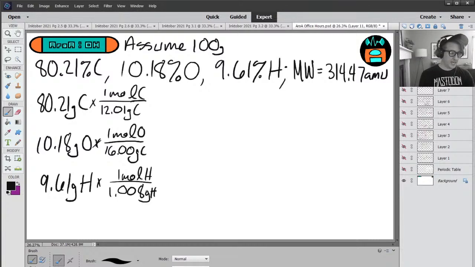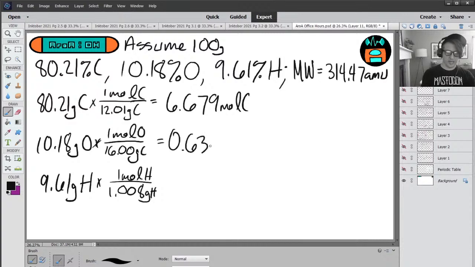So 80.21 divided by 12.01 is 6.679, I'll call it, moles of carbon. 10.18 divided by 16.00 is 0.6363 moles of oxygen.